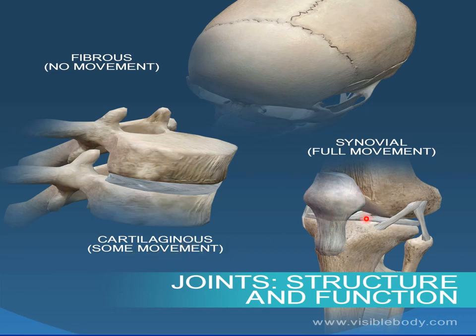And the joints where you have seen the cavities lined by a synovial membrane having synovial fluid in it are responsible for the full movement at these joints. So these are freely mobile synovial joints.